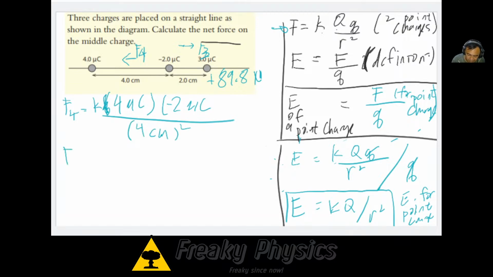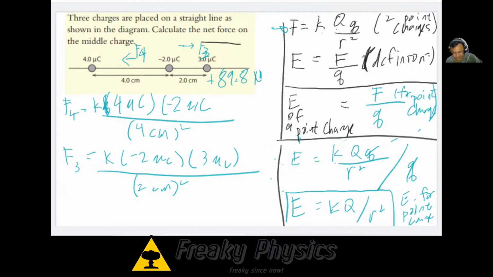And then F3 is K times minus 2 microcoulombs times 3 microcoulombs all over 2 cm squared. Of course, afterwards you convert everything to the proper units like coulombs and meters.